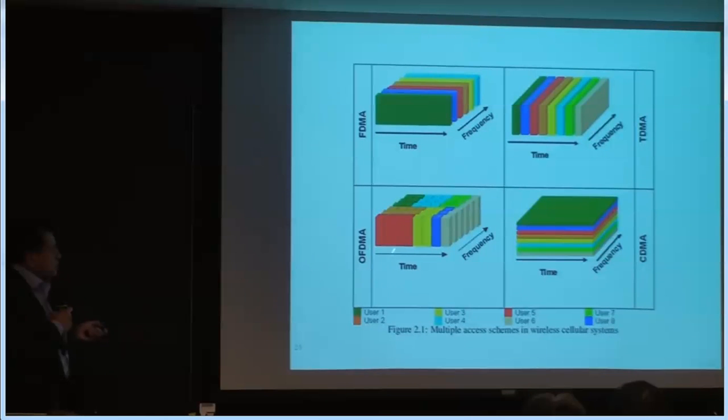And the bandwidth, as we see, is scalable, 1.4 up to 20 MHz. 1.4 can support 6 resource blocks, and 20 can go up to 100 resource blocks. Because one subframe is 1 millisecond, at least a pair of 2 resource blocks has to be assigned to a user.